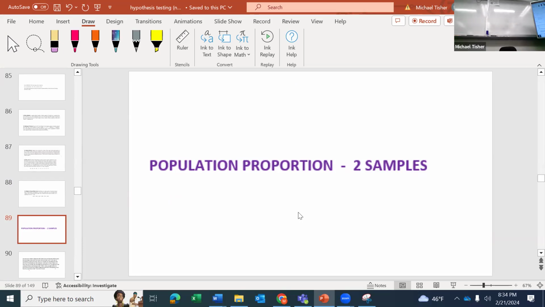Okay. Now we want to compare 2 samples here. So you can have the sample of people who just started violin, like this person.